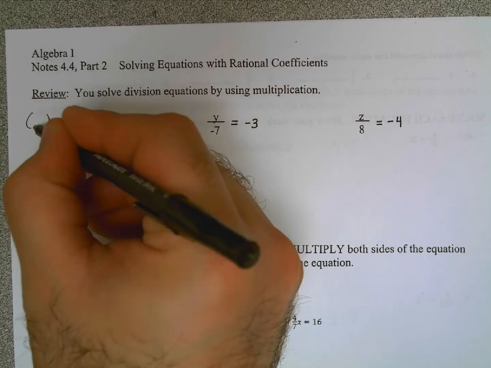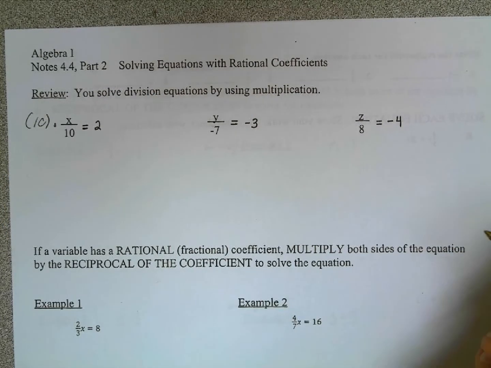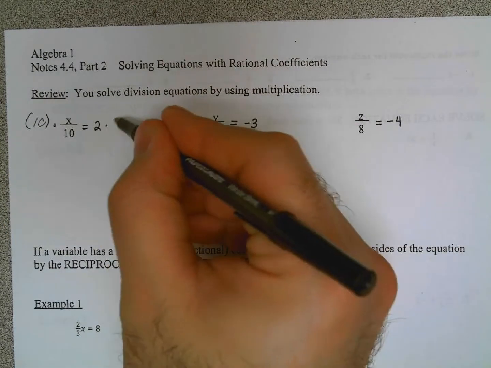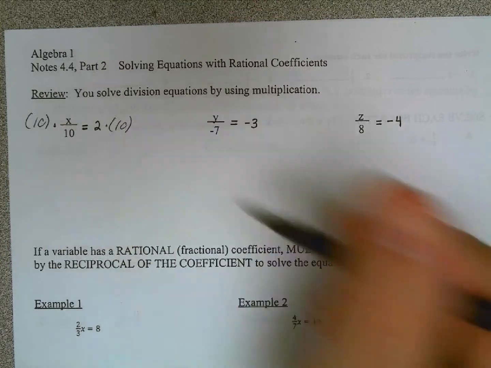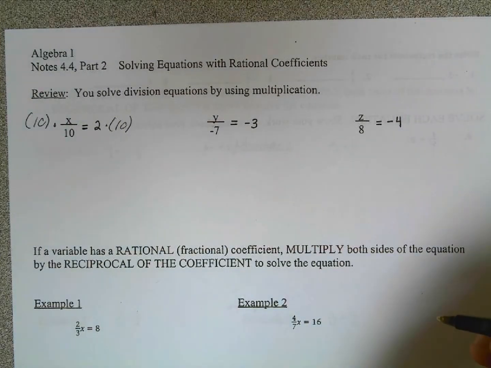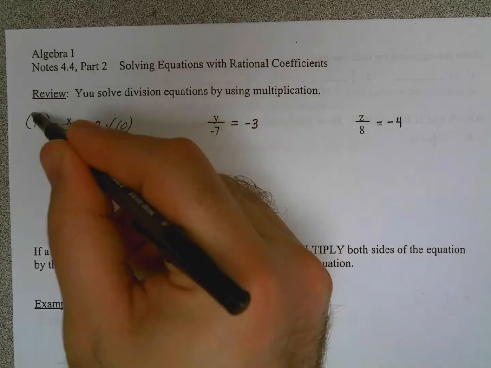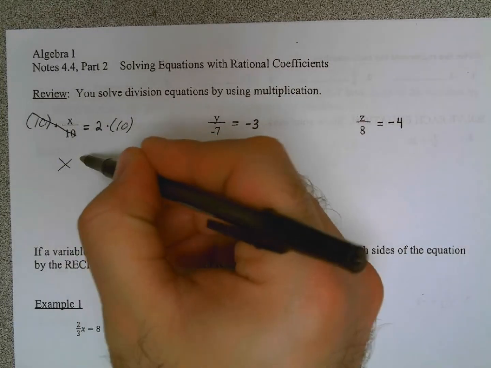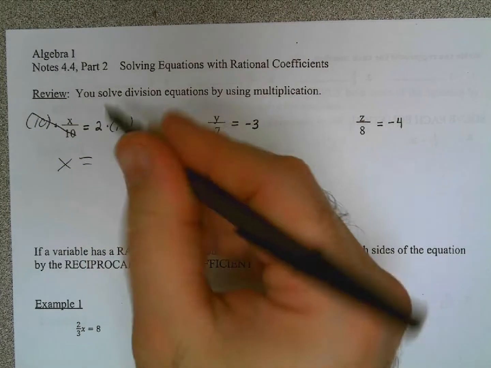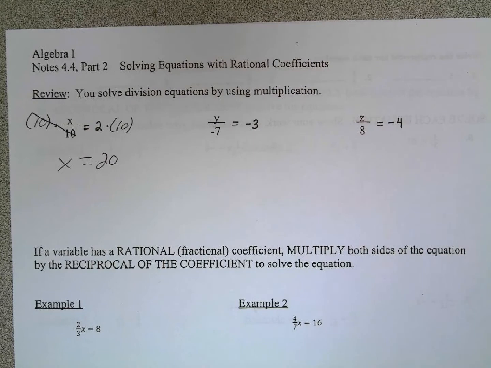Multiply by 10. Whatever you do to one side, gotta do to the other, right? Great. So now the 10s cancel out. X equals 2 times 10 is 20, right?